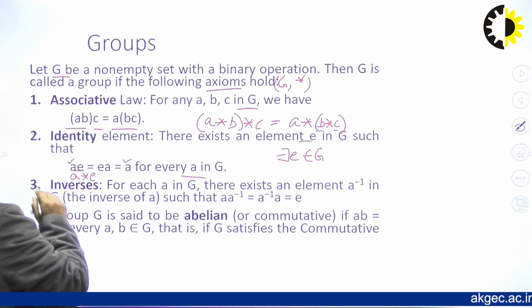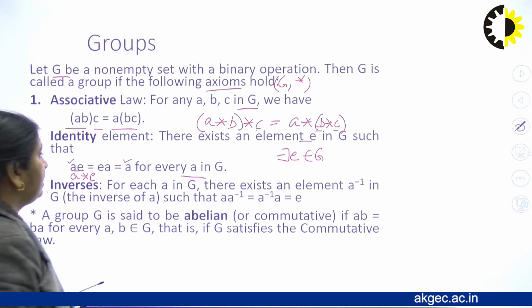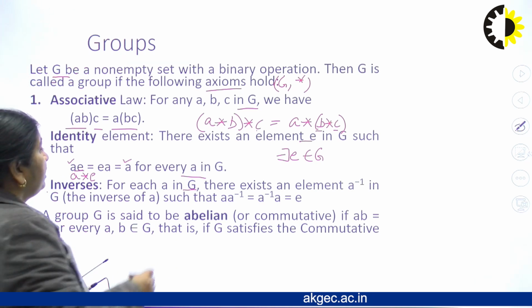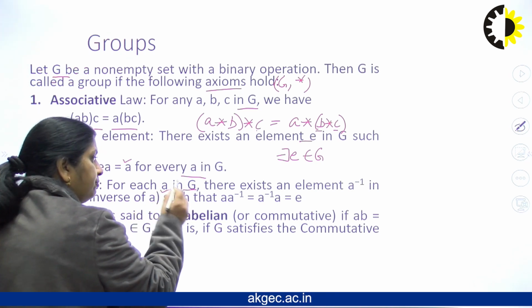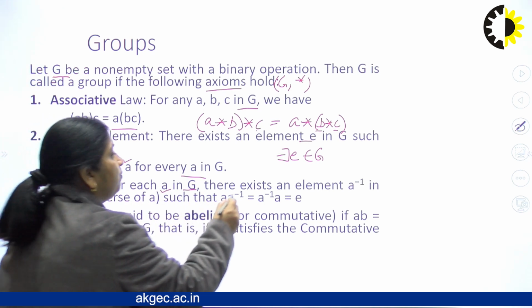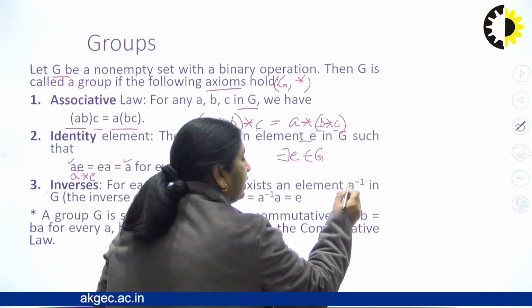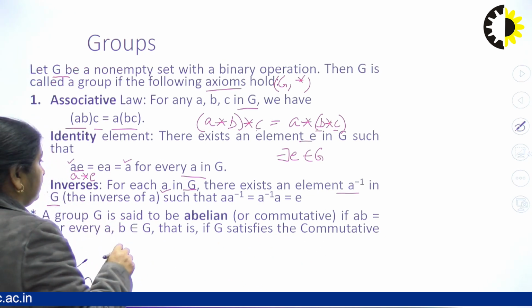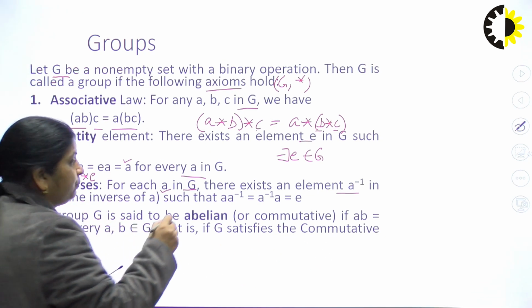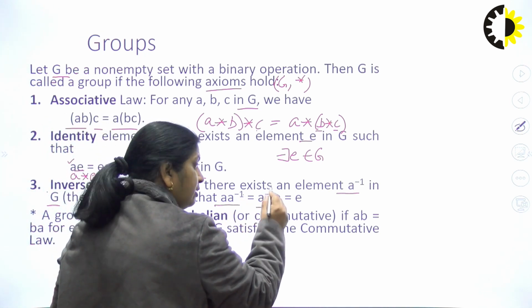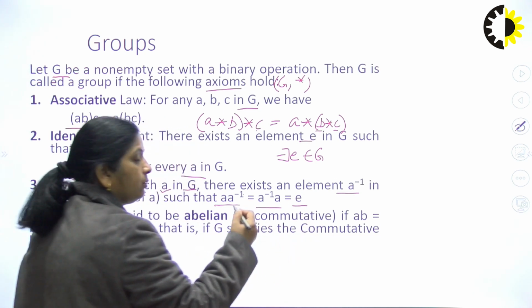Next is inverse. When we are given this set G, for each element a belonging to G, there exists an element a inverse in the group G itself, such that a·a inverse is equal to a inverse·a is equal to e.